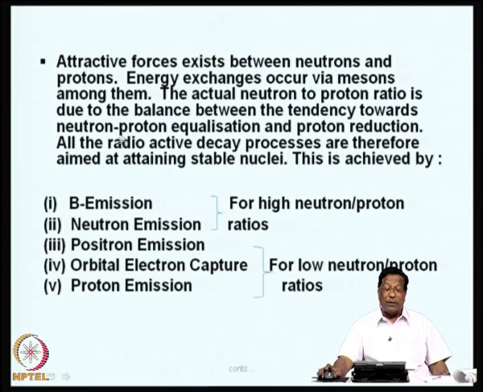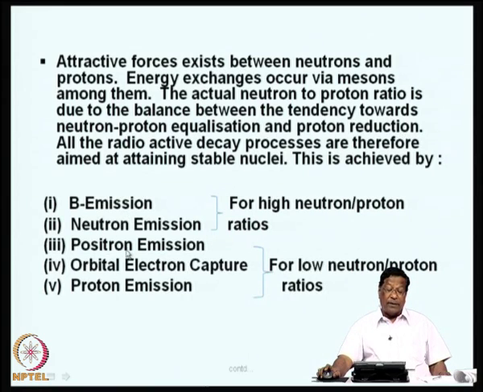This can be achieved by either beta emission, that is electrons, and then neutron emission. Heavier neutrons can be thrown away from the nucleus, and this mechanism, that is loss of neutrons by beta emission and neutron emission, occurs for high atomic weight substances with high neutron and proton ratios.